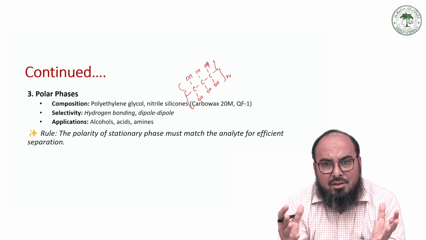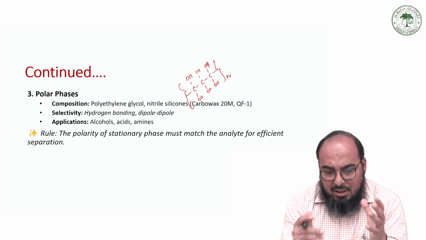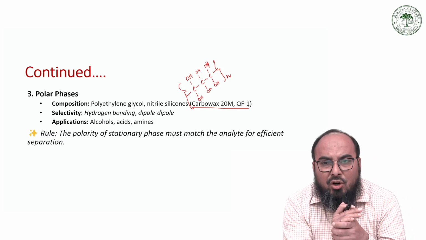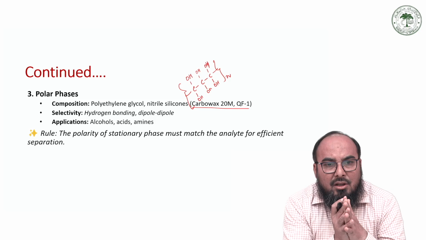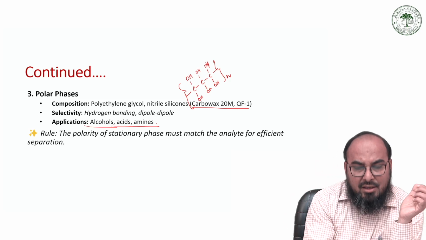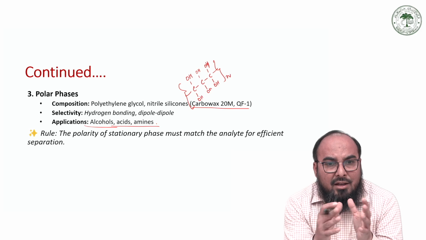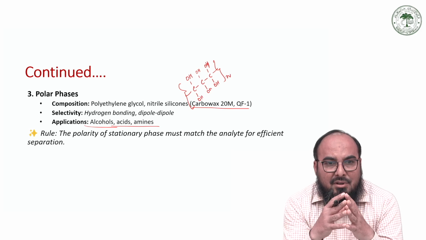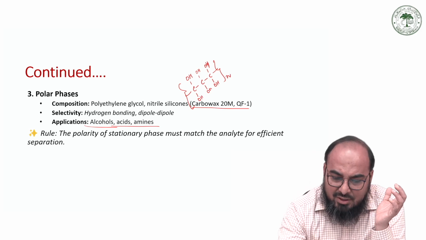So nitrile silicones, that is the CN, and the trade names are Carbowax 20M or QF1 for nitrile. So it is good for the separation of alcohols, acids, amines. Here the interaction or the selectivity is because of hydrogen bonding.